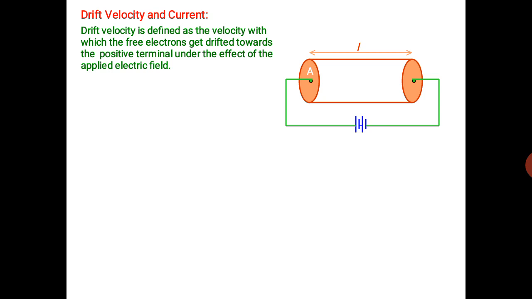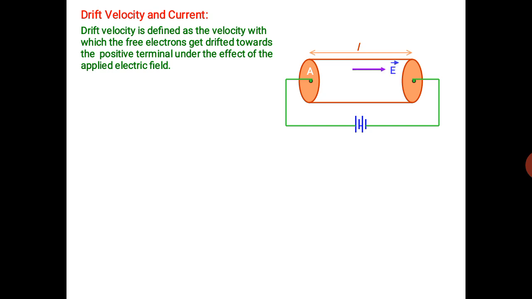Suppose the positive terminal of the battery is connected to the left side of the conductor, and the negative terminal is connected to the right side. Let the potential difference be V.